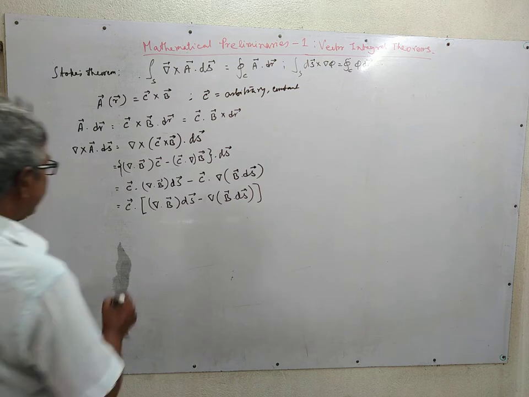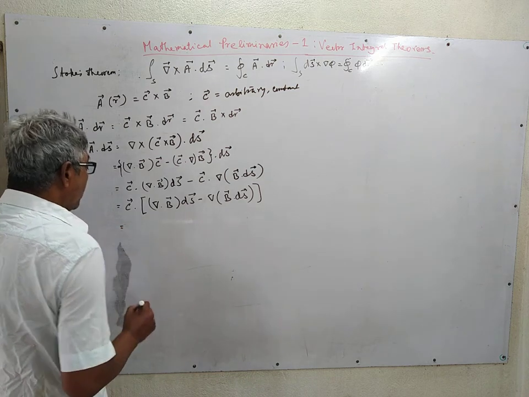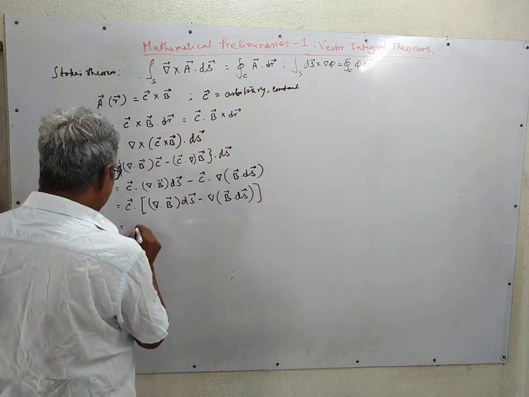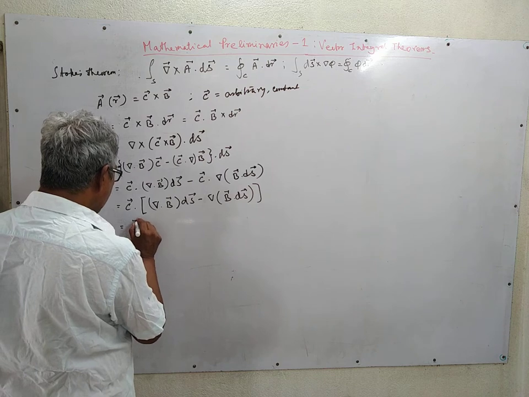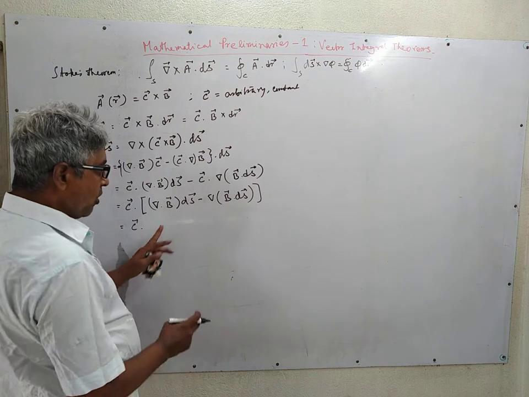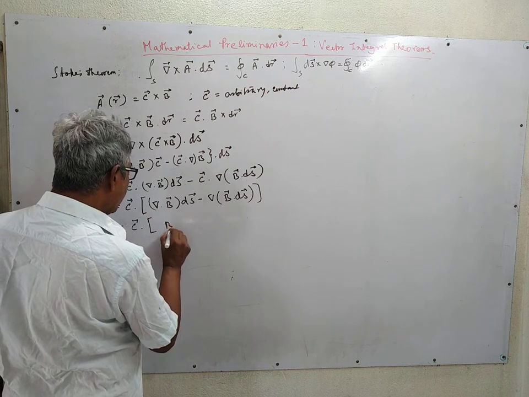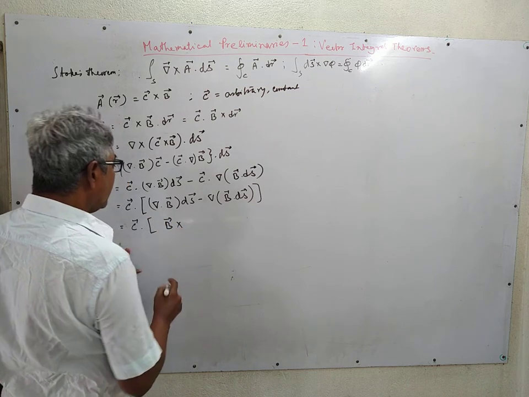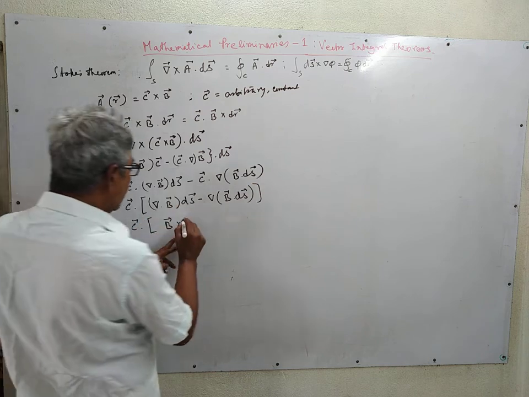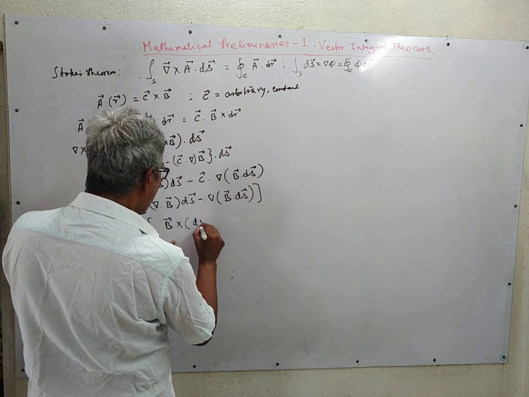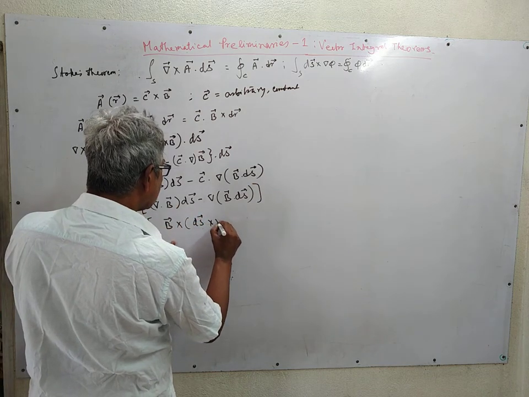If we rewrite using the reverse back-cab rule, C dot is there, then the common term is B, so the first term is B cross ds cross grad.